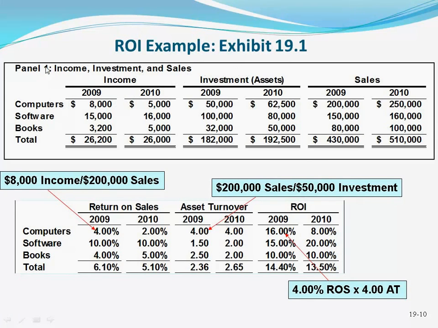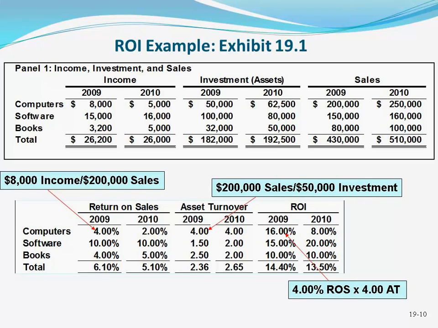In this exhibit, panel 1 gives you the raw data. It gives you income or profit data for the three types of products in total for 2009 and 2010. It gives you the investment, the asset base, and it gives you dollar sales for the products for the years and the total.